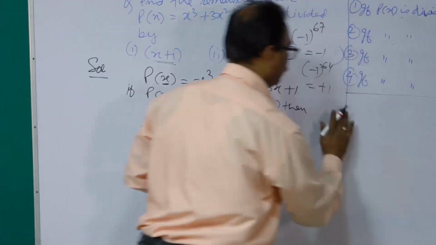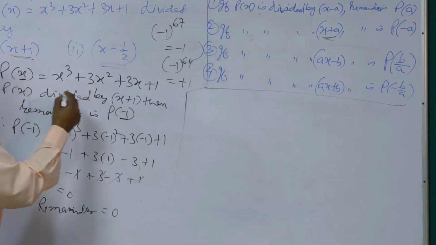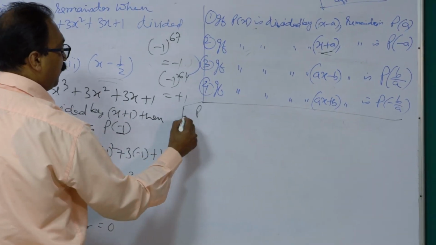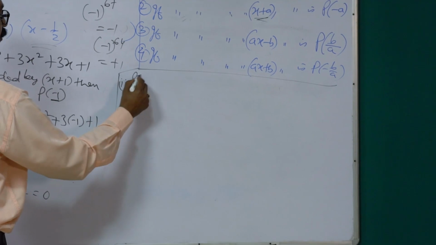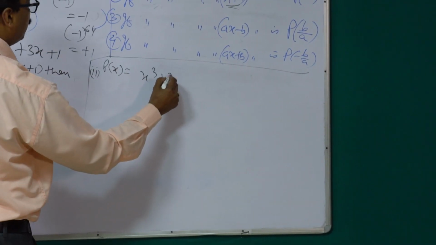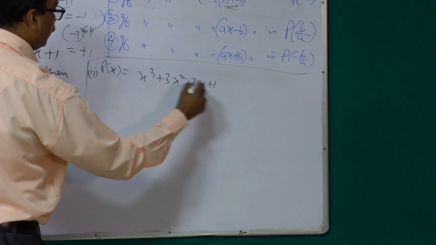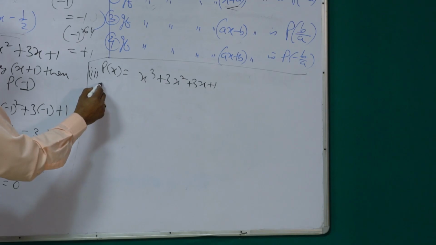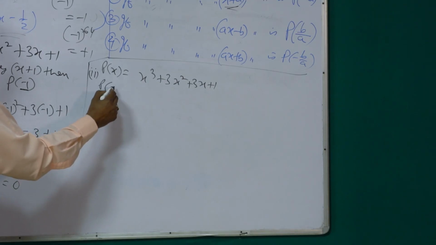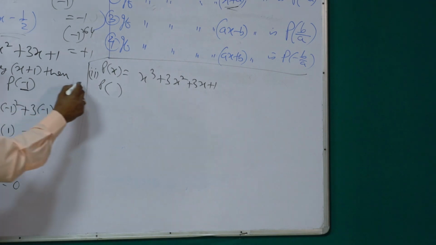Part 2, the second question. Same P of x, I'll do it here. P of x is equal to x cube plus 3x square plus 3x plus 1. We already know the remainder.